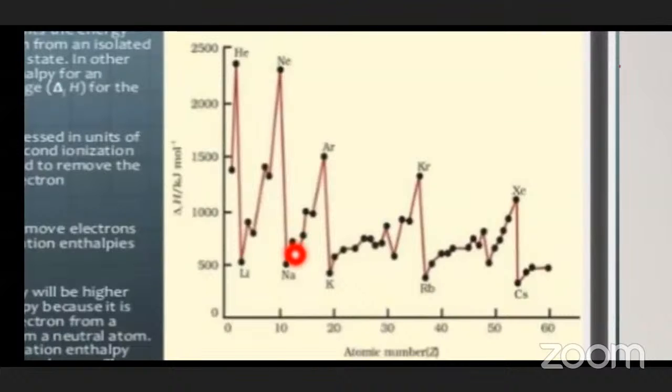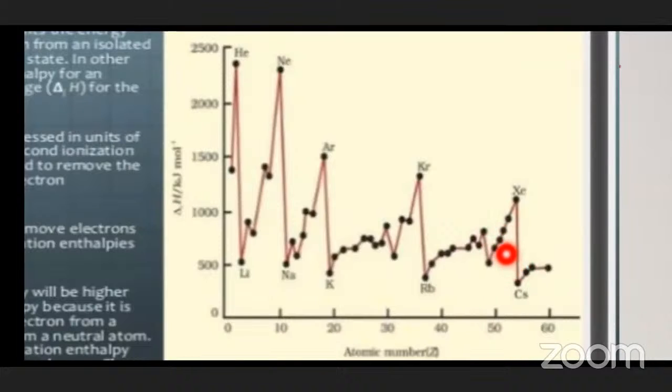So the nucleus does not show much tendency to hold the electron. Because if sodium loses the electron, it gets stability by attaining octet configuration. Potassium also gets stability by losing one electron. Rubidium gets stability by losing one electron. Cesium gets stability by losing one electron.